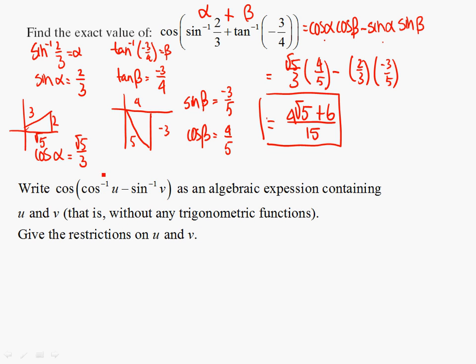Same idea here, except this is with the re-expressing one. So if that's alpha, that's beta, then you can write the inverse cosine. So that means that the cosine of alpha is u. That means that the sine of alpha is the square root of 1 minus the cosine squared, which would be the square root of 1 minus u squared.